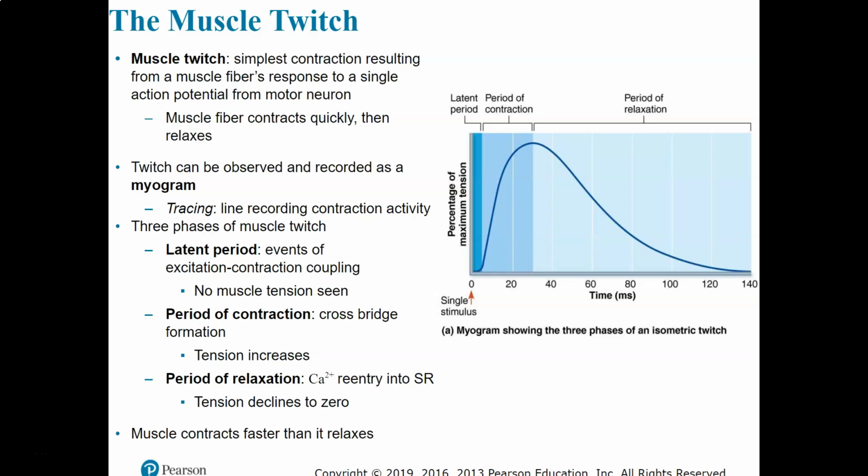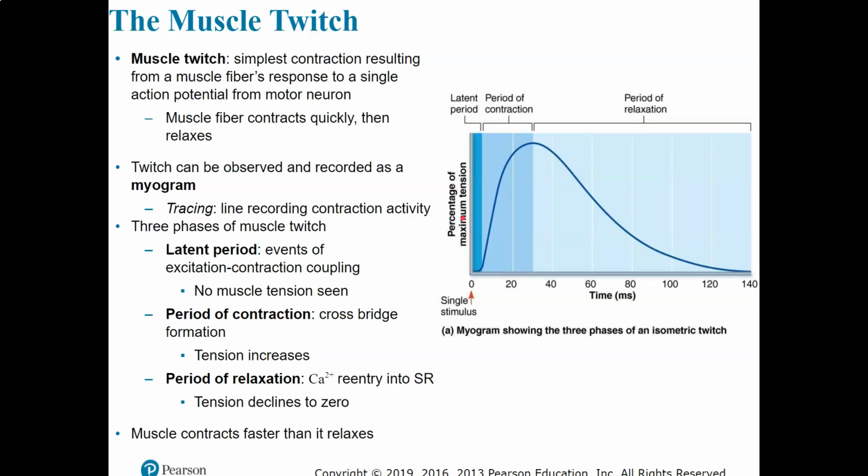So that's going to be as the action potential is propagating along the sarcolemma, traveling down into the T-tubules, causing the release of calcium from the sarcoplasmic reticulum, calcium binding to troponin, troponin moving tropomyosin out of the way on the actin so that the myosin can bind to the actin, and then we can start to generate contraction.